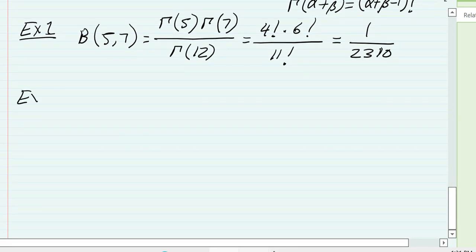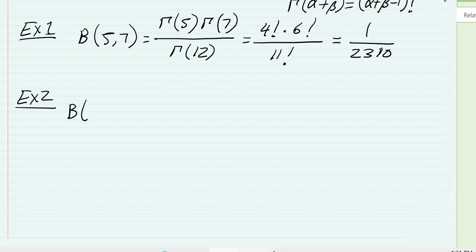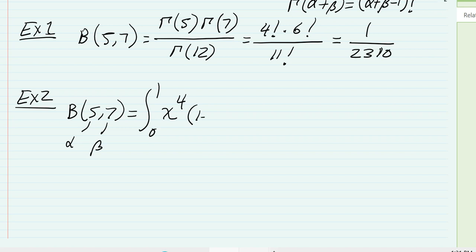So now let's relate this to an integral. So suppose we have beta of 5, 7, and according to the definition of the beta function, that's the integral from 0 to 1 of x to the, remember, the exponent is alpha minus 1. Here alpha is 5, beta is 7. So alpha minus 1 is 4, and 1 minus x to the beta minus 1, 7 minus 1 would be 6, dx.